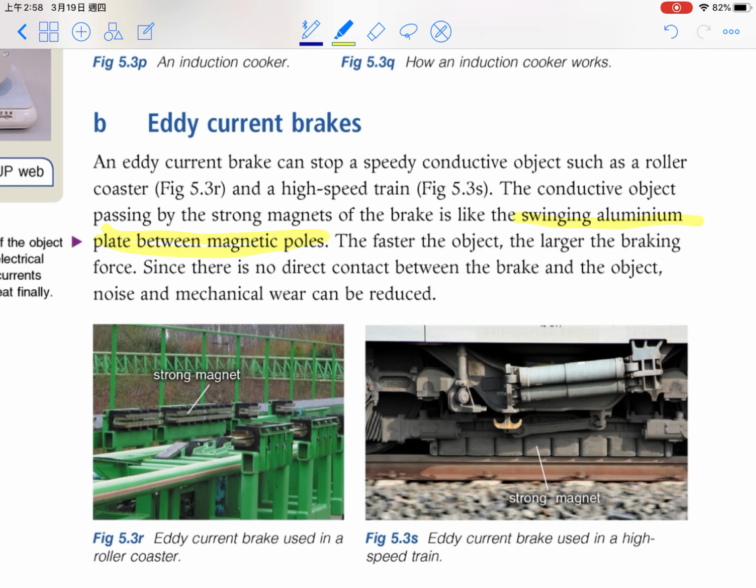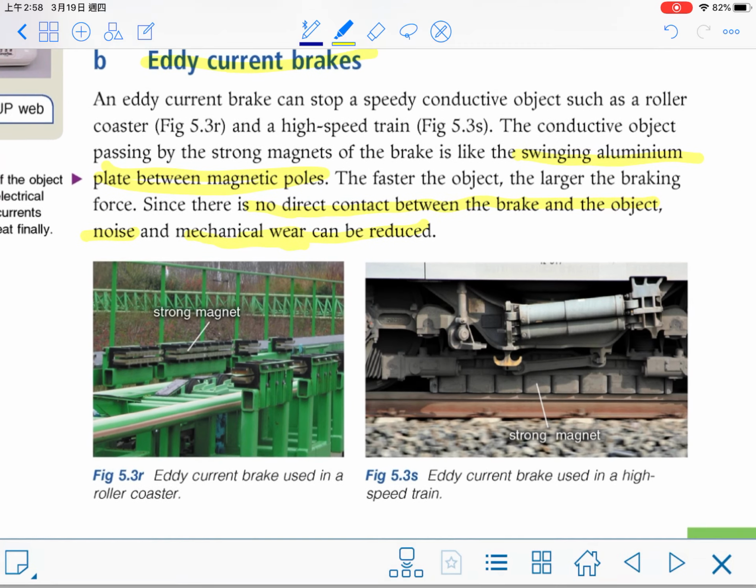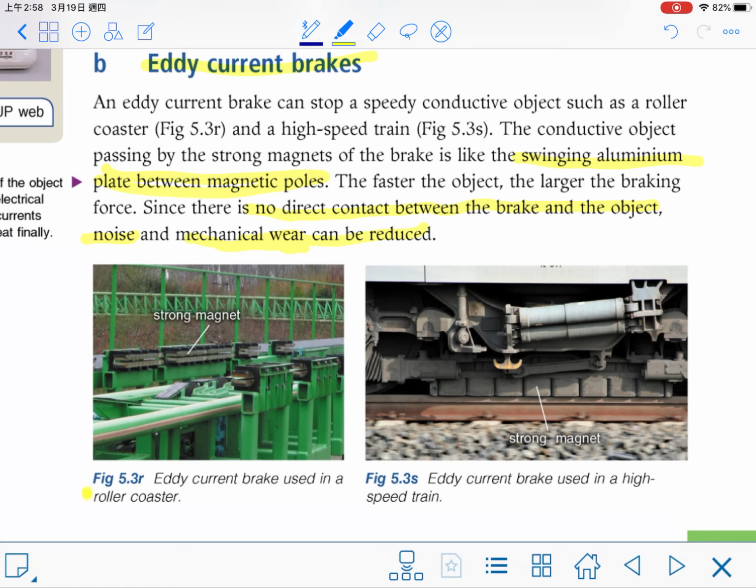We can have a magnetic brake here. An advantage is that there will be no direct contact between the brakes and the objects. So noise and mechanical wear can be reduced. That means we can have a longer lifetime and also less noise pollution.